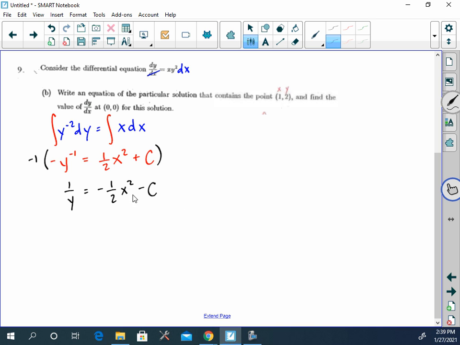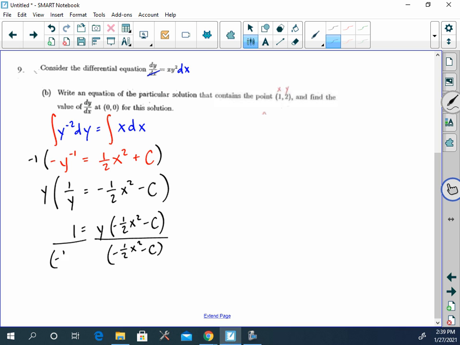And then I'd times both sides by y. So now I've got 1 equals y times this. Whoops, I missed my negative. And then to get y by itself, I'd divide this over. Stop me if you got a question there, if you need me to slow down.